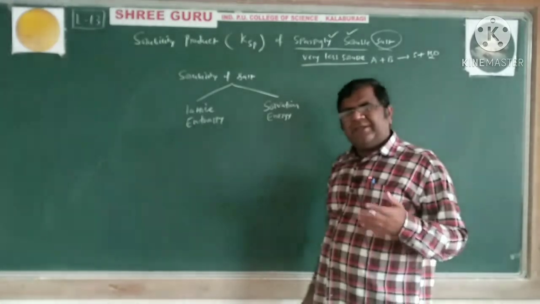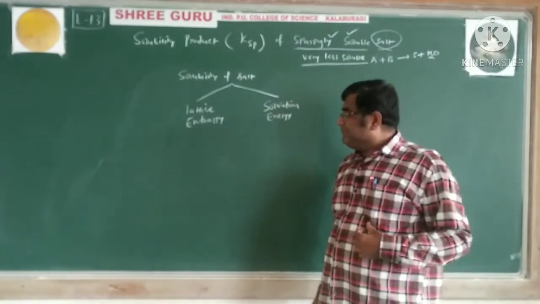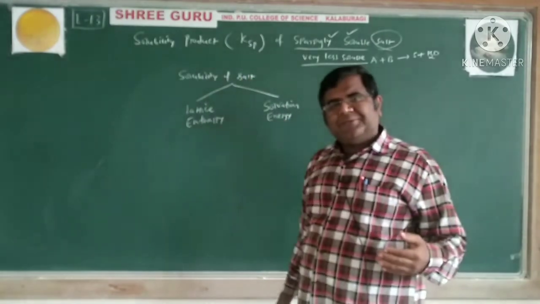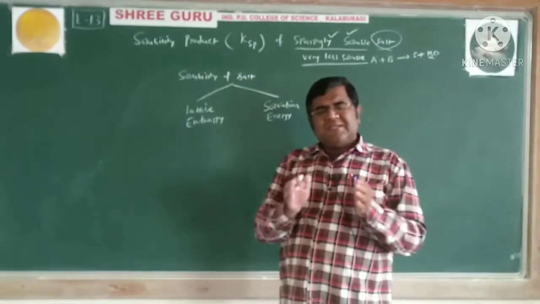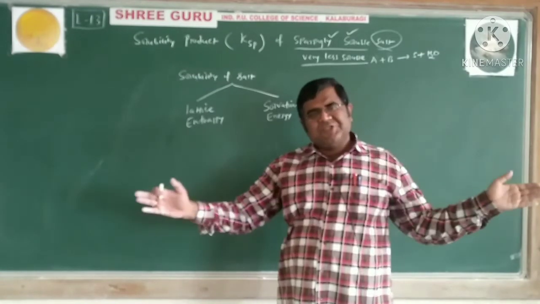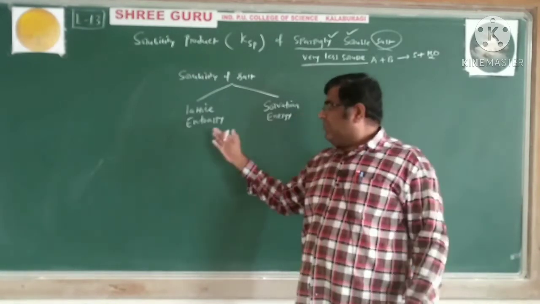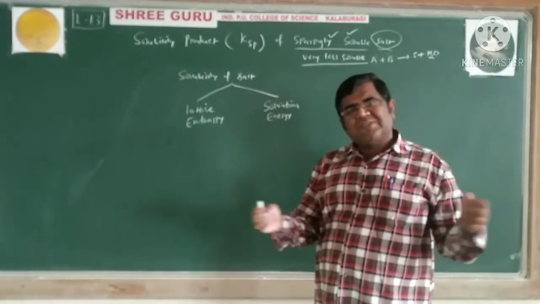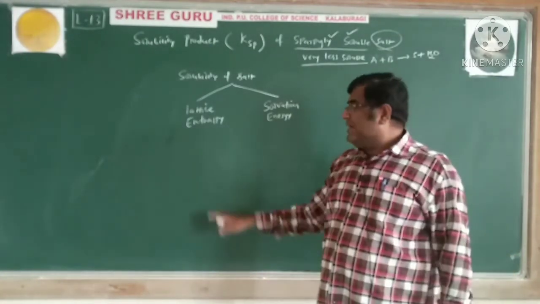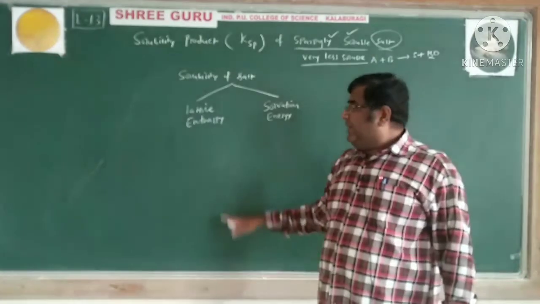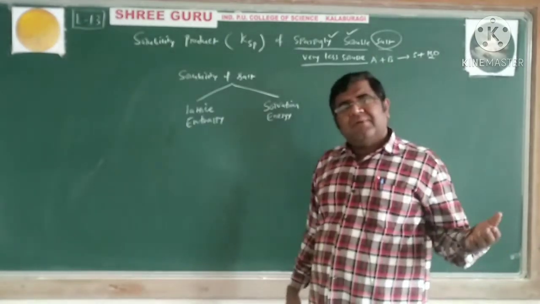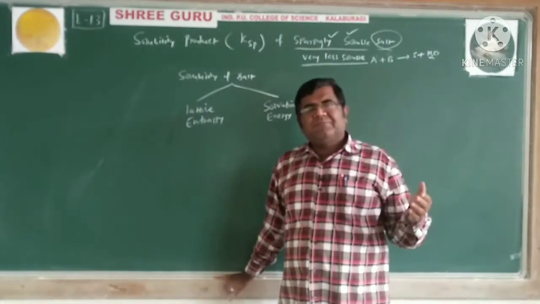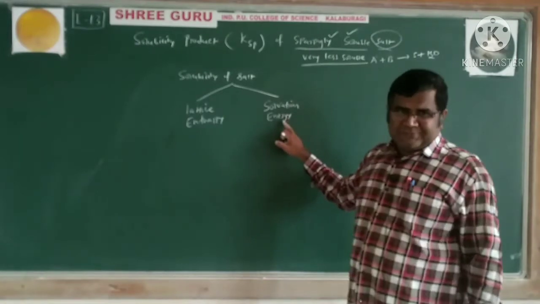Enthalpy and energy we will take in the same context. So when a salt is put into water, the first thing that happens is that oppositely charged ions get separated. We call the energy required to remove these electrostatic forces and release the ions the lattice enthalpy. And once ions are formed, they get stable by solvation.